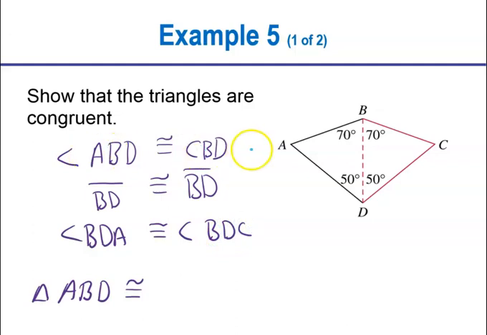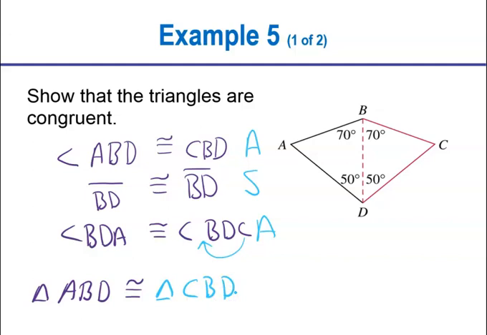So this was an angle. This was a side. This was an angle. So we can say that triangle ABD is congruent to triangle CBD. Notice the order. CBD. It's still in that order, but you'd have to move that there. Okay, but it's still CBD.